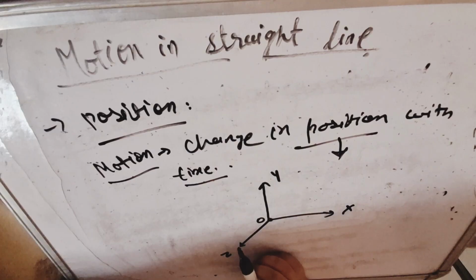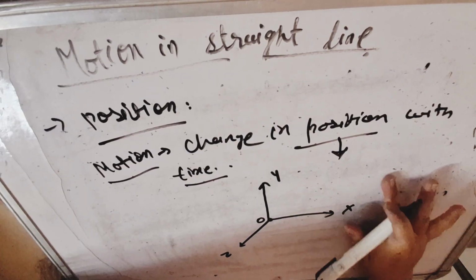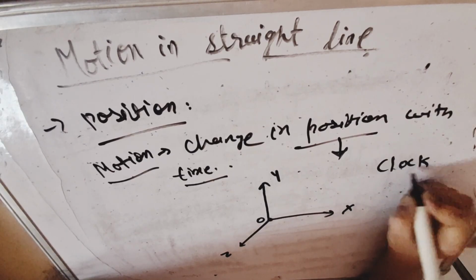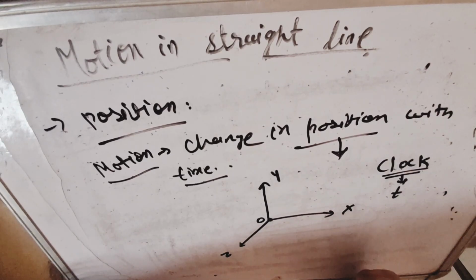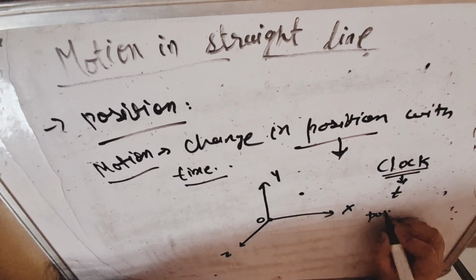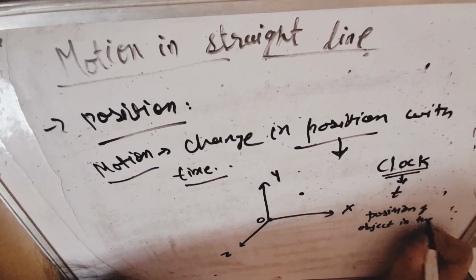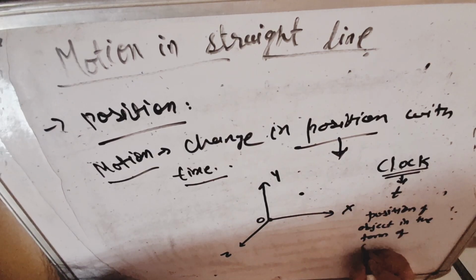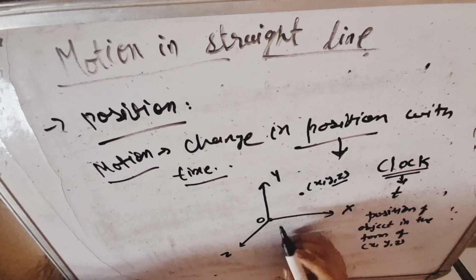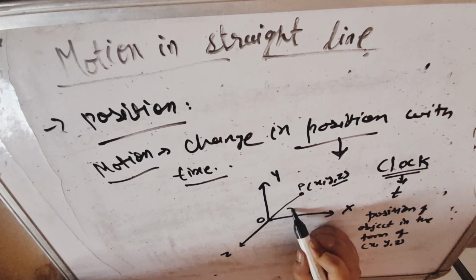Now, for the frame of reference, along with this we need a clock which knows the time, and the position of the object in the form of x, y, z. Its coordinates are x, y, z. This is the position of the object P.